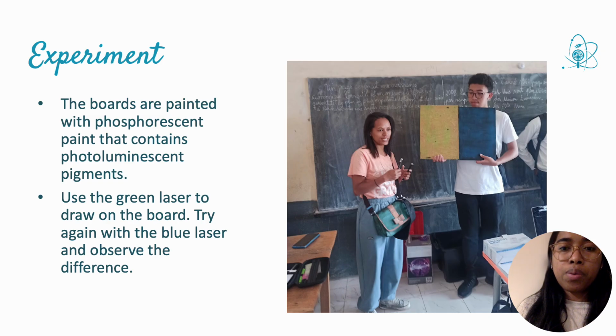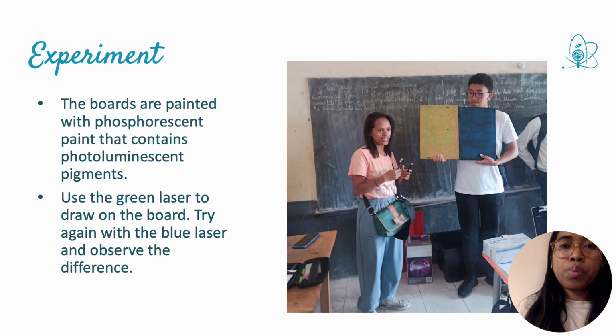So there's the board. They should be asked to observe what they see. Do the same experiment with a blue laser and let them observe the difference. They should see that they can actually write with the blue laser on the board and not with the green laser. There is an explanation to this.